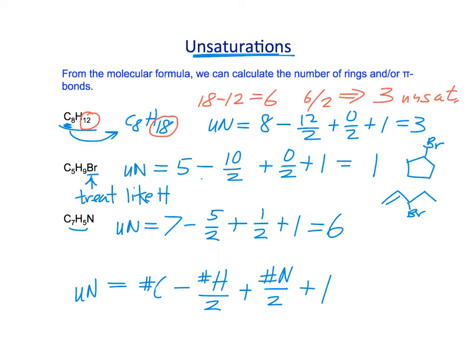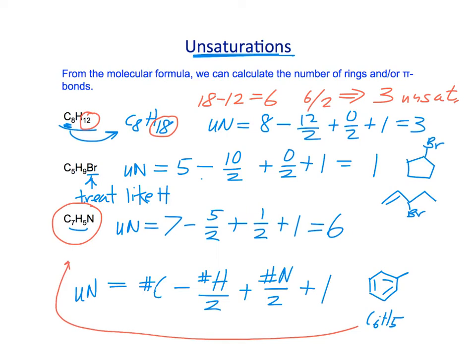All right? So the structure I was thinking about when I came up with this, 6 is a lot of unsaturations, right? But if we had, say, a benzene ring, how many unsaturations are in a benzene ring? 4, right? Because there's 3 double bonds and there's a ring. Let's think about this. This is 6. If we have one group attached, C6H5, what do we have left over? Compare that to our molecular formula.